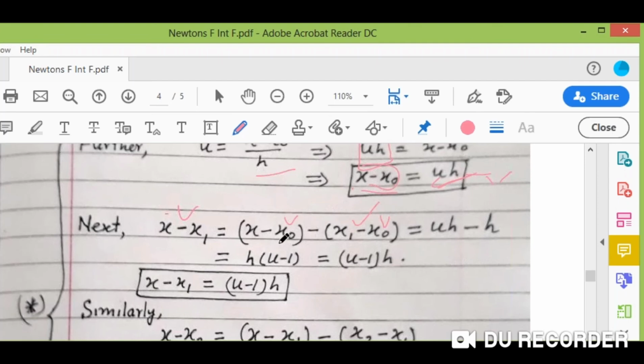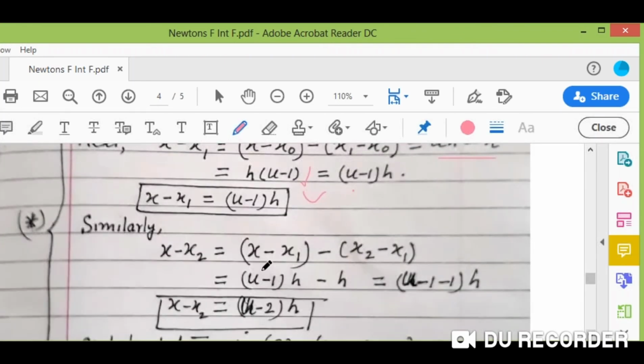You just open it: minus x1, and this minus x naught and this plus x naught cancel each other. When we take the common factor, uh minus h, then h times u minus 1. So x minus x1 is equal to u minus 1 times h.